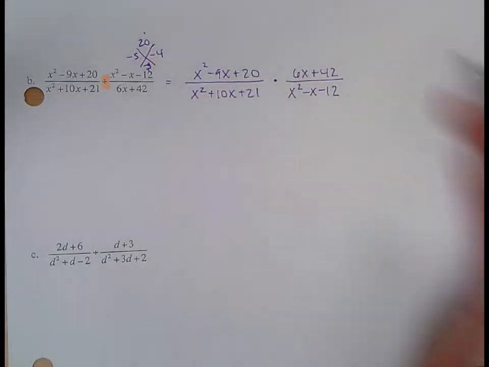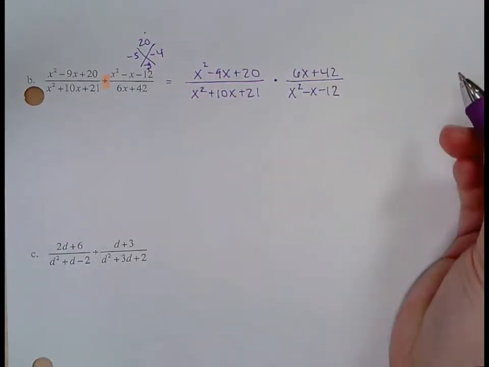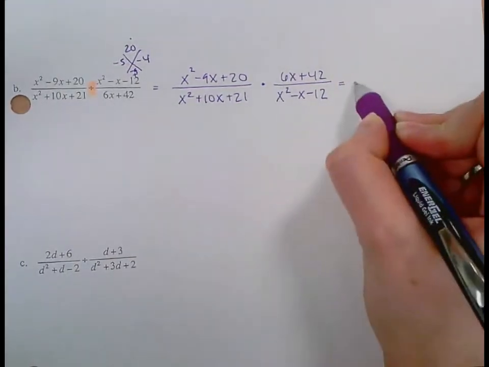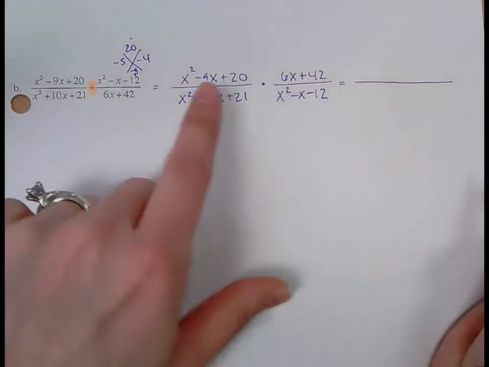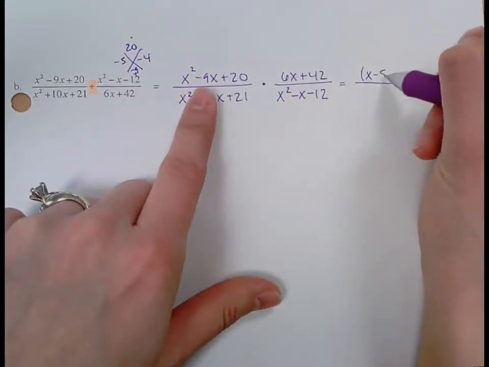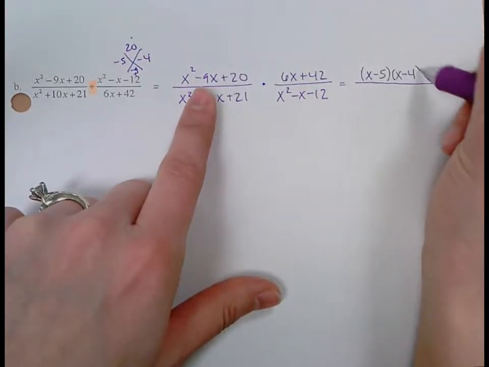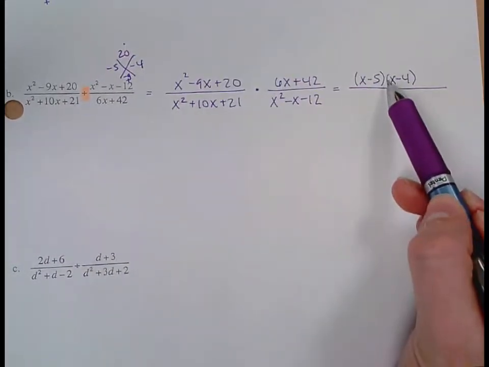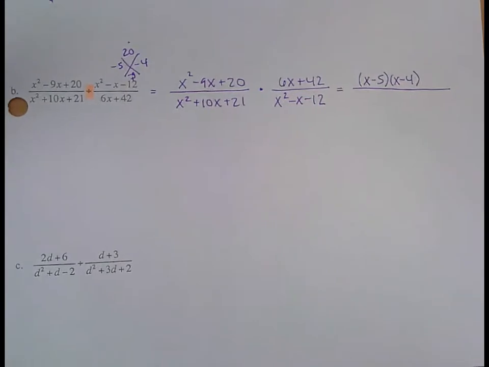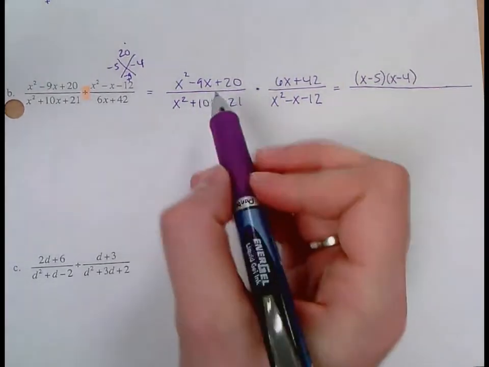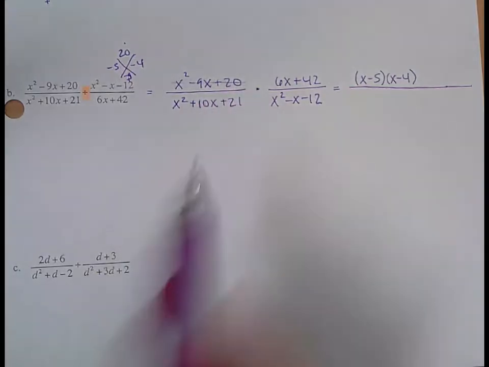Yep, negative 5, negative 4. So that would become, I'm actually going to do this time, because I'm going to write it as one big fraction anyway, x minus 5 times x minus 4. So I'm just writing it in factored form in the product right away, in my final one big fraction. So I factored that one.